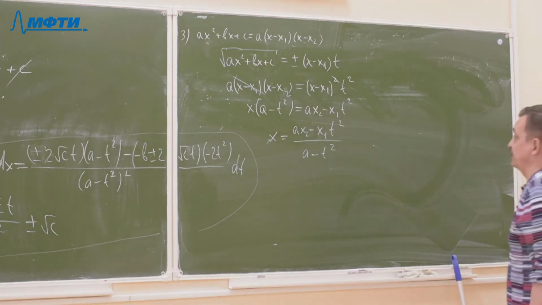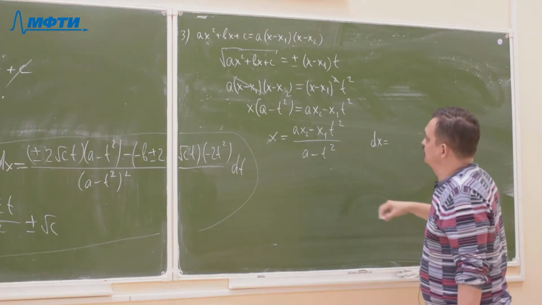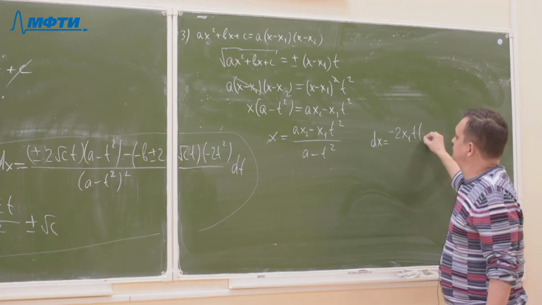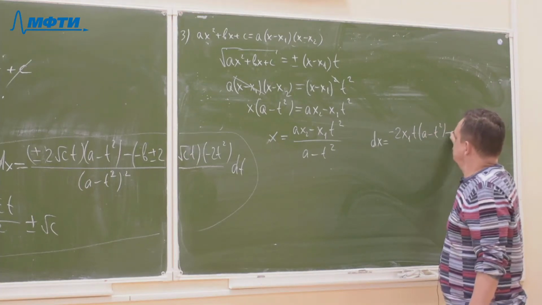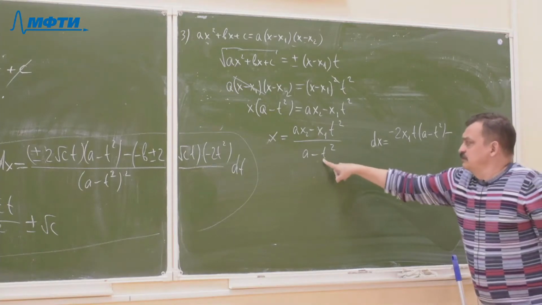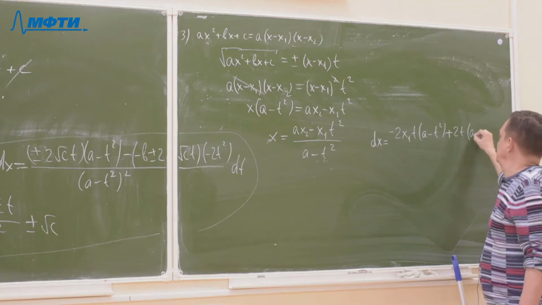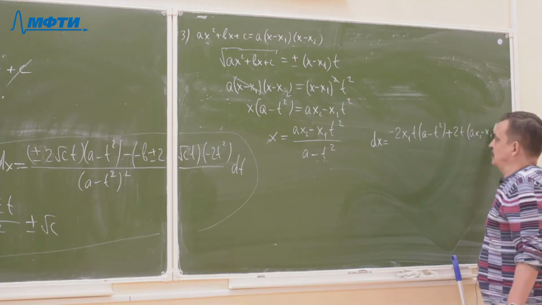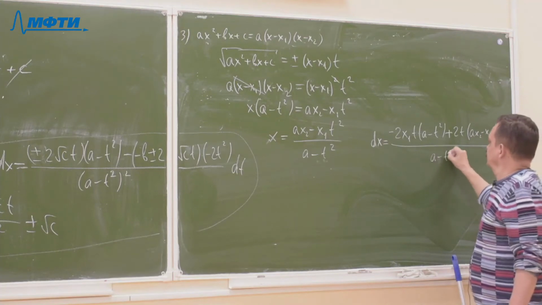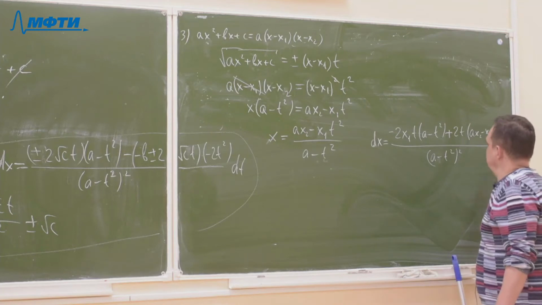And we can find dx once again. So the derivative of the numerator, minus 2 x1 t times (a minus t squared), minus the derivative of the denominator, 2t times (a x2 minus x1 t squared), over (a minus t squared) squared, dt.